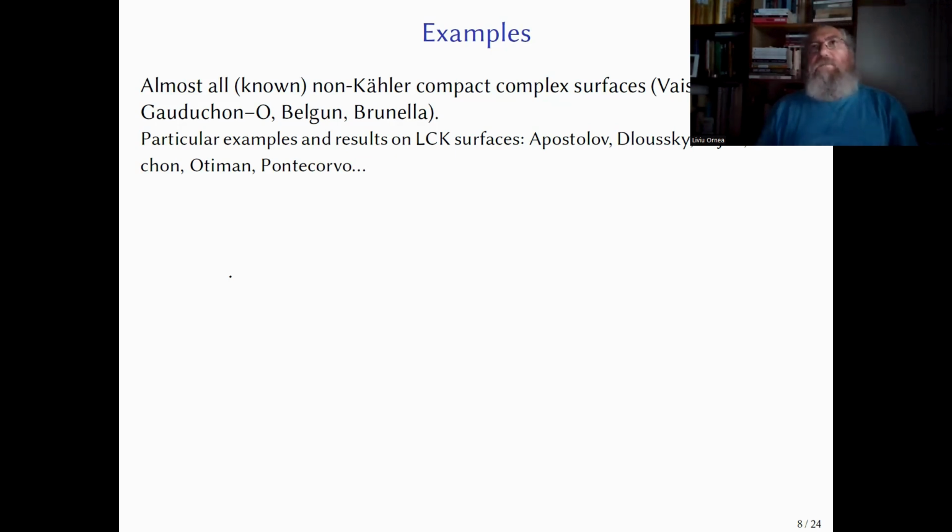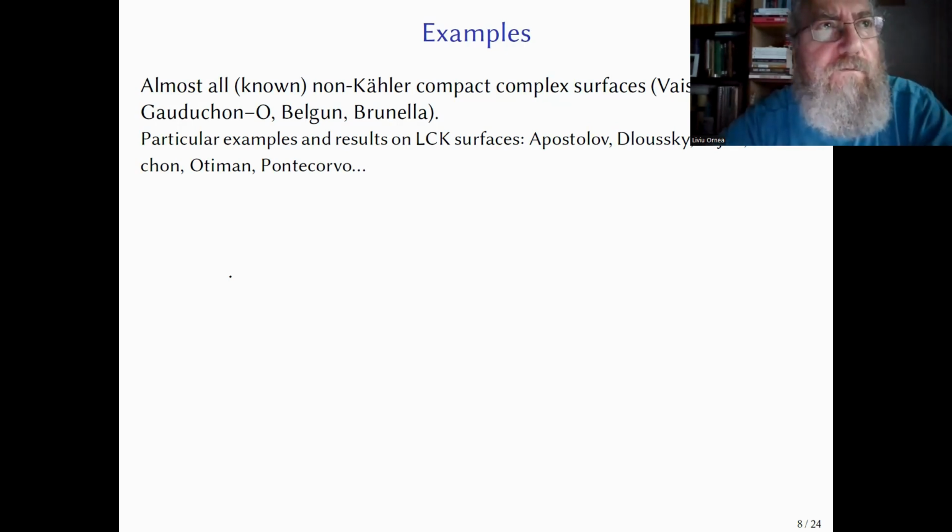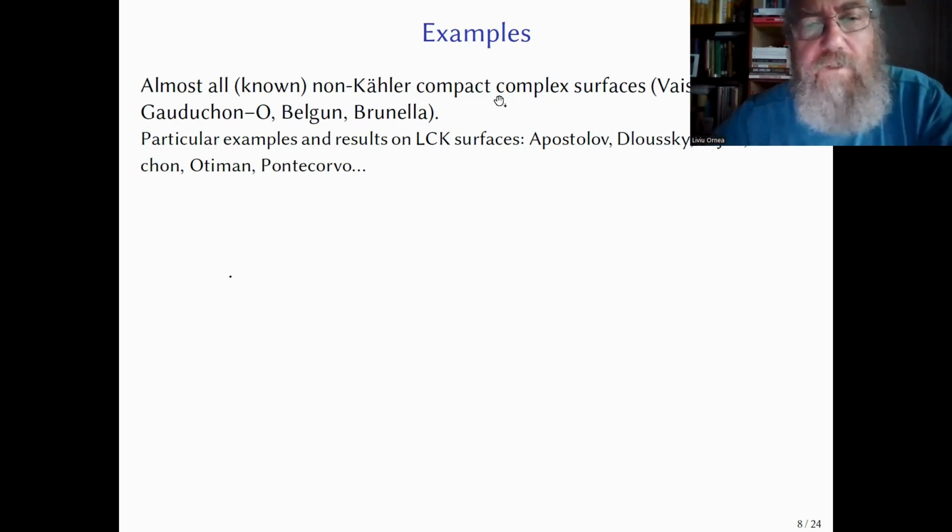So C^n minus 0 quotiented by the group generated by z goes to 2z, something like this. But very, very soon, non-algebraic compact complex surfaces came into the game, and almost all proved to be LCK.